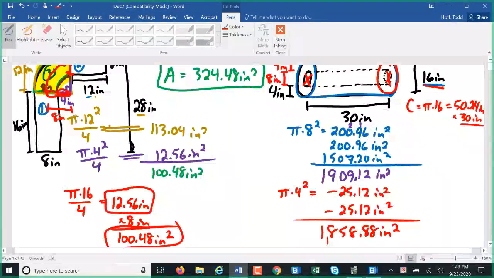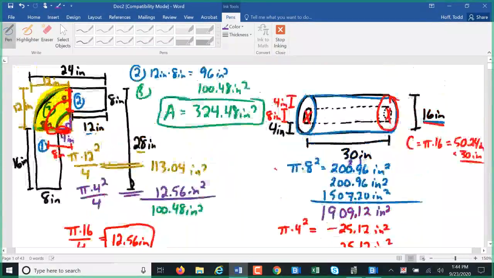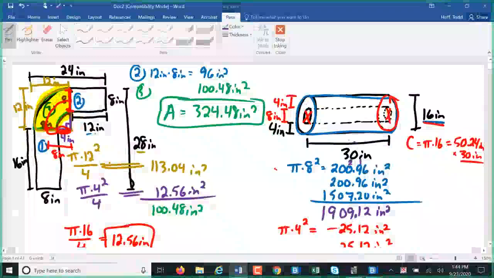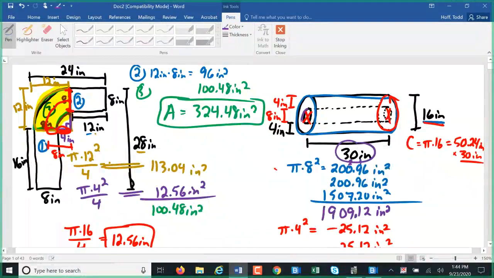Next, we have this sleeve down through the middle here, this portion. It's basically like the outside of our cylinder, but it's on the inside. Well, that area is going to be a rectangle just like the outside was. It's going to have that height of 30. Its length is going to be the distance around this smaller circle.